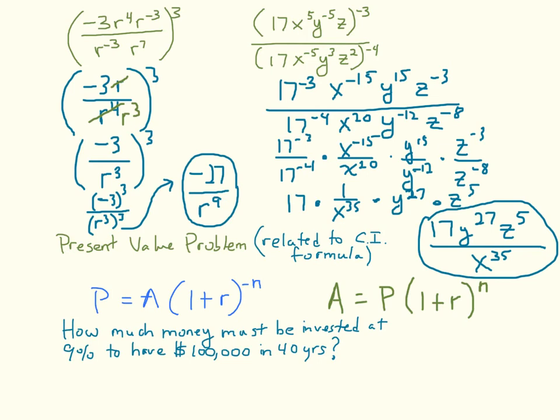But when you want to reverse that and find what the principal would be if you wanted to end up with that amount, you would end up having the exponent being negative, and that's just a fairly simple modification of this formula. So here's how this works in practice.